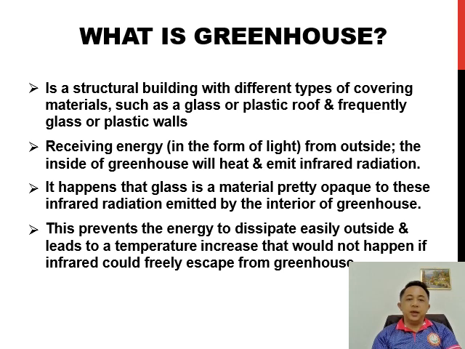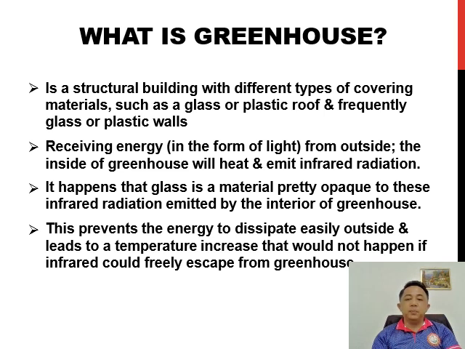Now, the energy in the form of light from the outside will hit the inside of the greenhouse, but it will not allow the heat to radiate back outside. It happens that glass is a material pretty opaque to the infrared radiation emitted by the interior of the greenhouse.